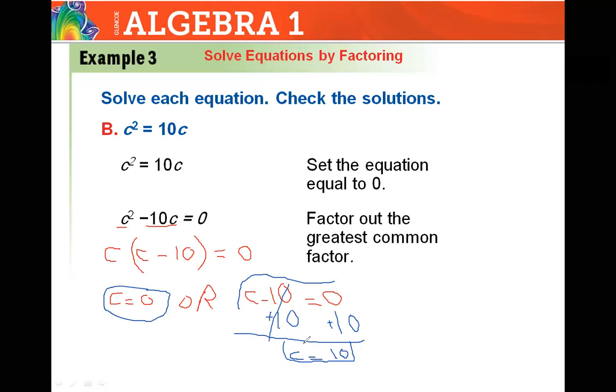So I now have two values for C. What and what? C equals 10 and 0. Excellent. The order is not important, and this is the answer. Please write the answer for this problem.